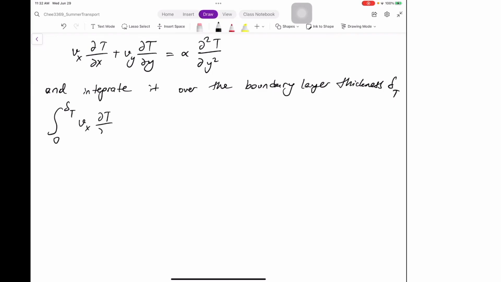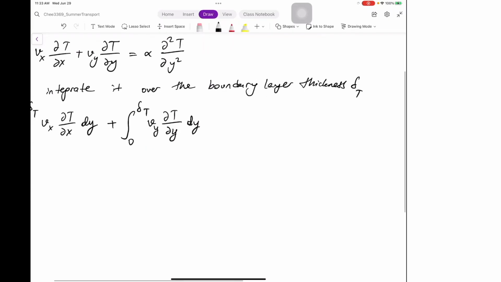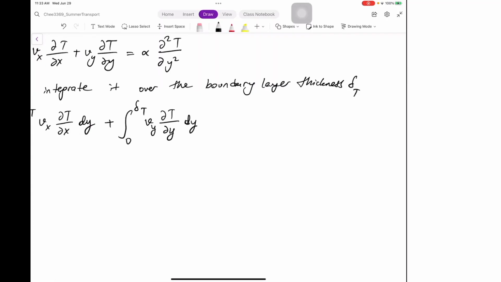So we get the integral from 0 to delta T of Vx del T over del x dy, I'm integrating over the y direction, plus the integral from 0 to delta T of Vy del T over del y dy, and let me not make any particular assumption yet, is equal to alpha times the integral from 0 to delta T of del squared T over del y squared dy.